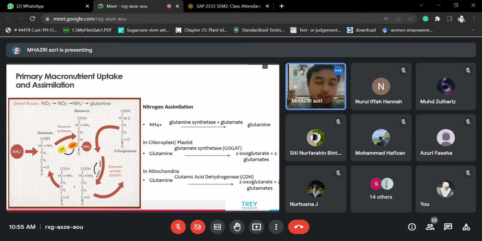The difference is this is a carbonyl group, a carbon that attaches to a double bond oxygen, and then the other carbonyl group, a carbon attached to a single bond of oxygen.